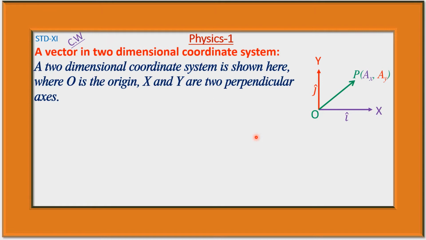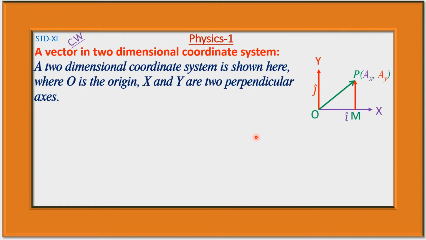And here OP is a vector, O is the tail of the vector and P is the head of the vector, and the coordinate of point P is (Ax, Ay).